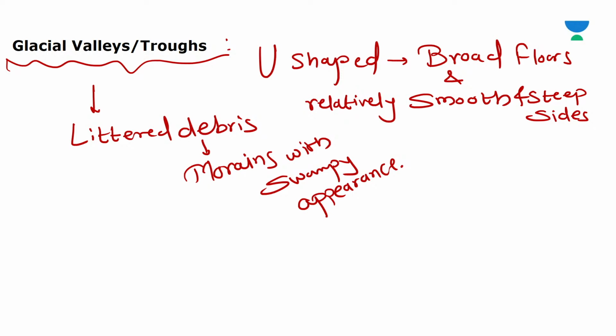Now there can be hanging valleys at an elevation on one or both sides of the main glacial valley.